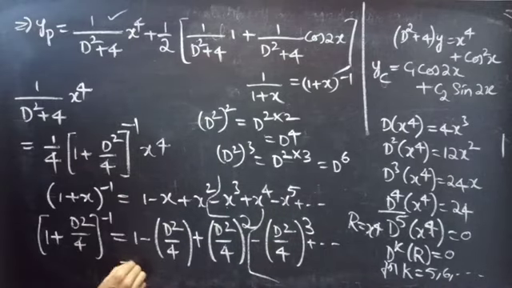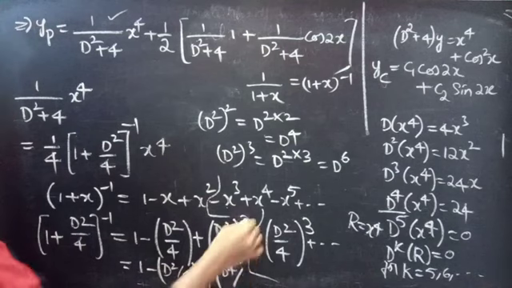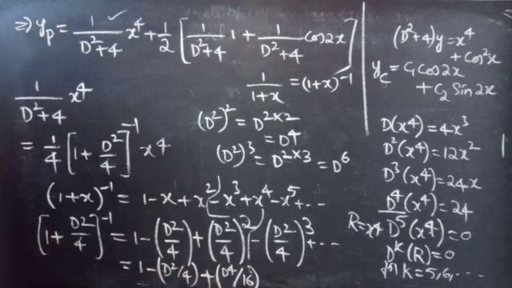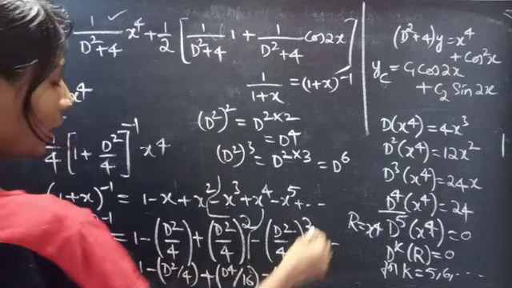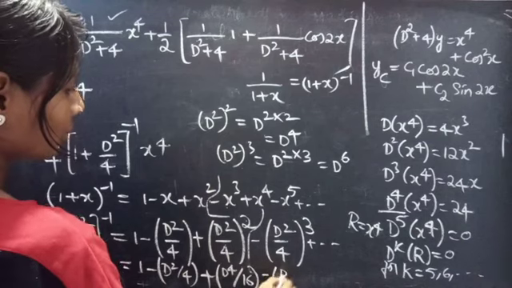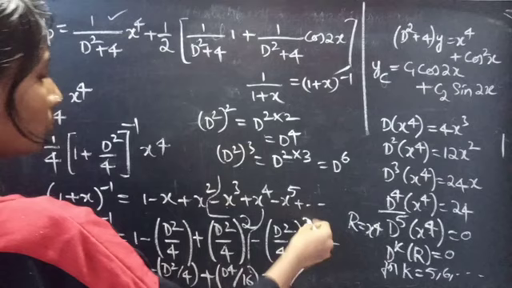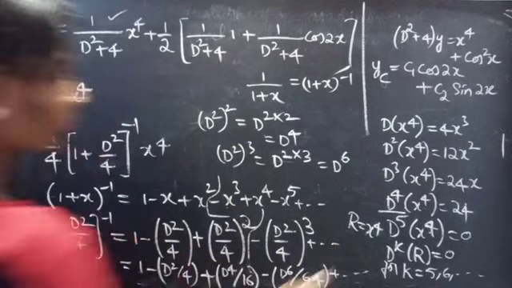So it equals 1 minus D square by 4 plus (D square) whole square, which is D power 4 by 4 square, that is 16, minus (D square) whole cube, which is D power 6 by 4 cube. 4 4s are 16, 16 4s are 64, plus and so on, right?